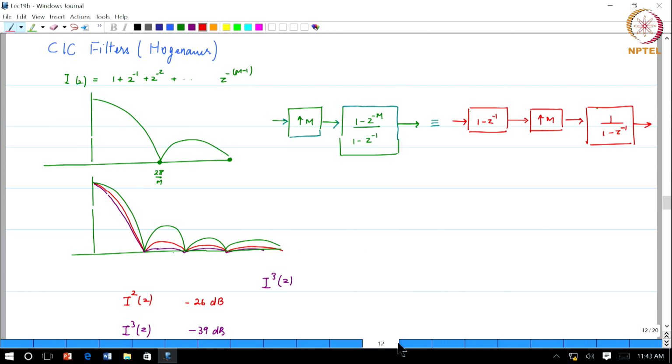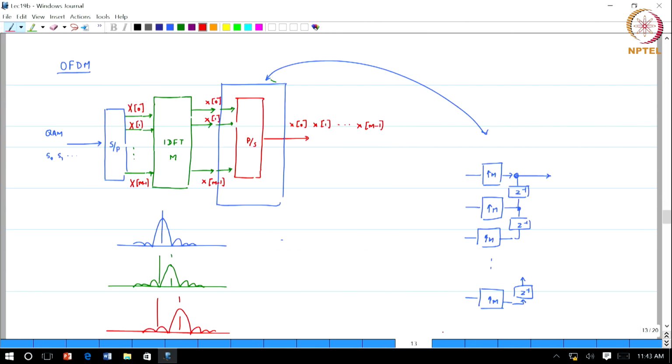The OFDM transmitter is nothing but taking these symbols x naught, x1, x of m minus 1 and applying them to these carriers, and then doing a frequency division multiplex signal. That is OFDM.